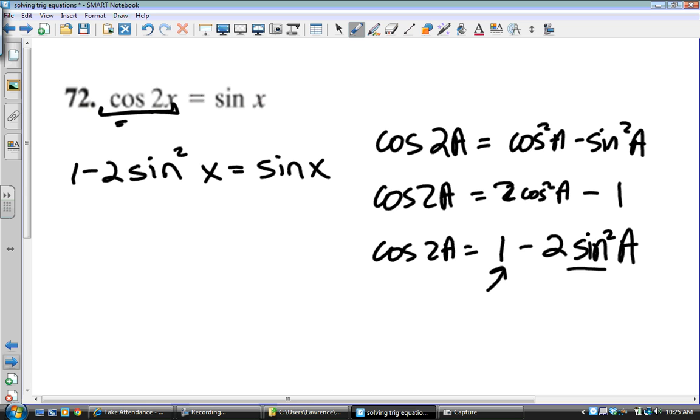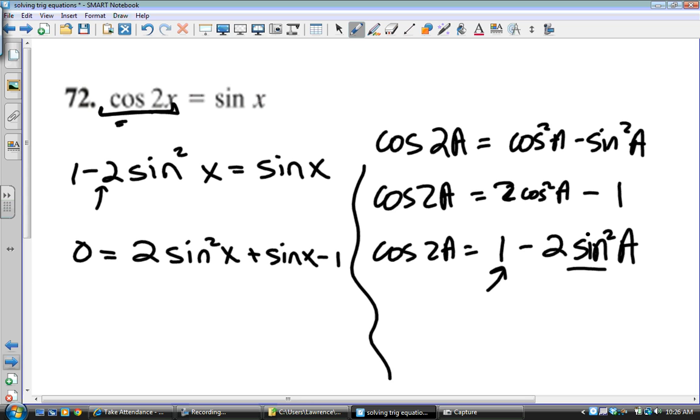Since that's negative, we want to just move everything over to the right side when we set it equal to 0. So we would get 0 equals 2 sine squared x plus sine x minus 1. Now we could use our substitution and do this one by factoring.